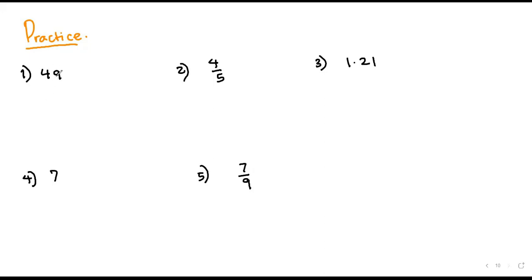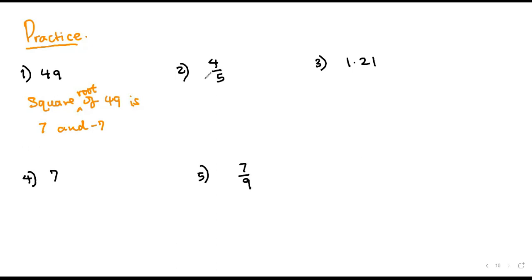Okay, so let's summarize very quickly. The square root of 49. What is the square root of 49? 7. 7 alone? Remember, we must have positive and negative. 7 and negative 7. Very good. Finished.